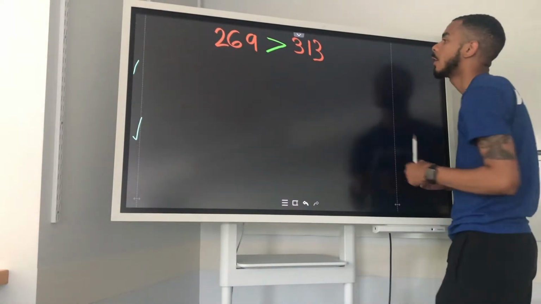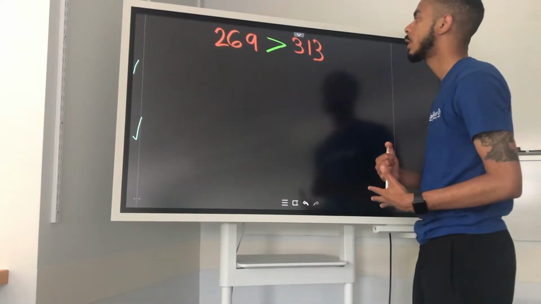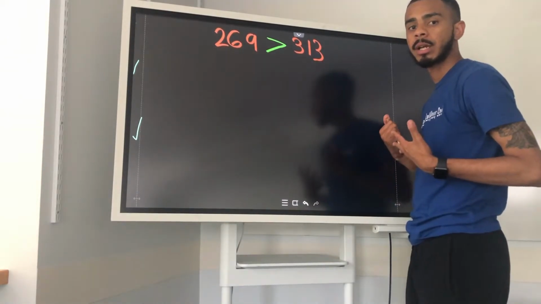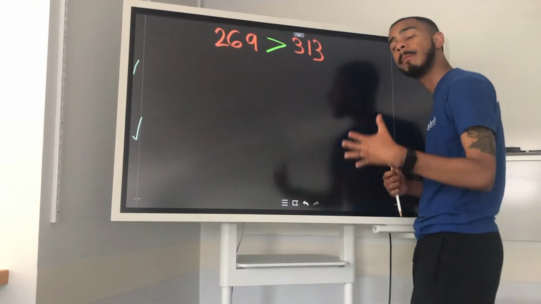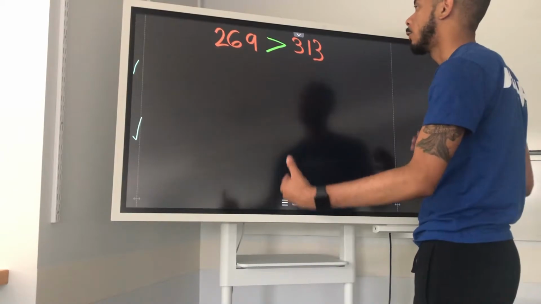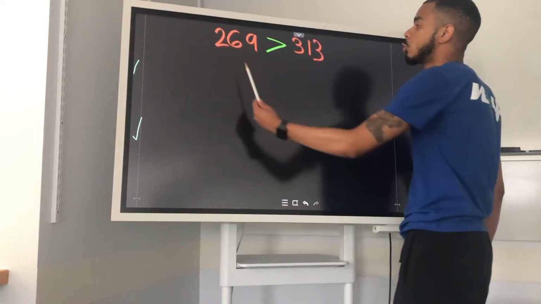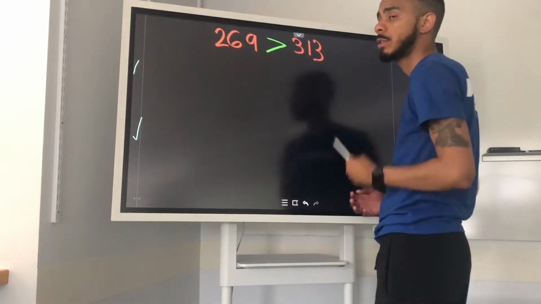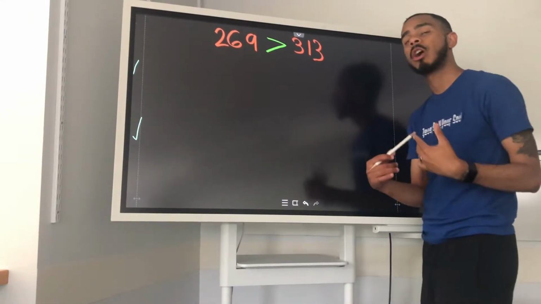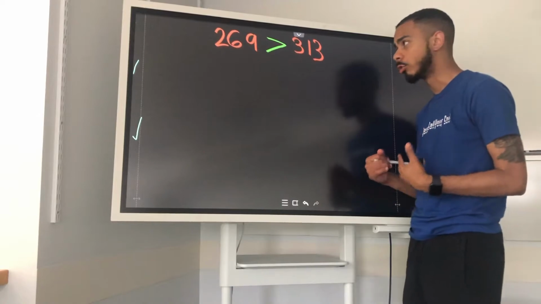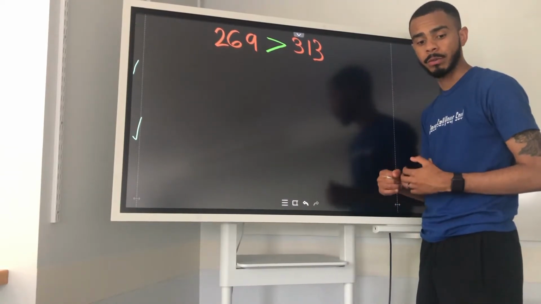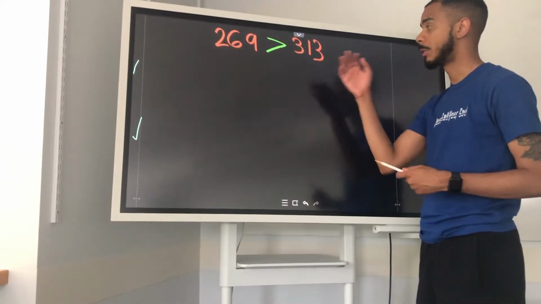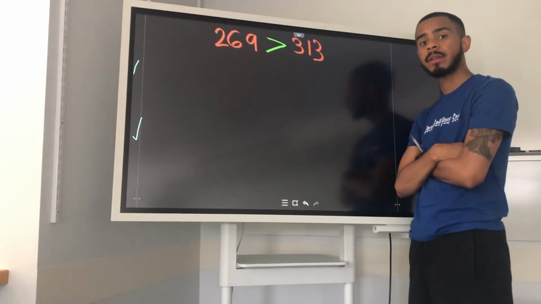So we see here, this is Miss Yoon's number sentence comparing her amount of marbles to Miss Card's amount of marbles. And she said 269 is greater than 313. It was our job to figure out whether we agreed or disagreed with Miss Yoon's number sentence. So let's figure this out.